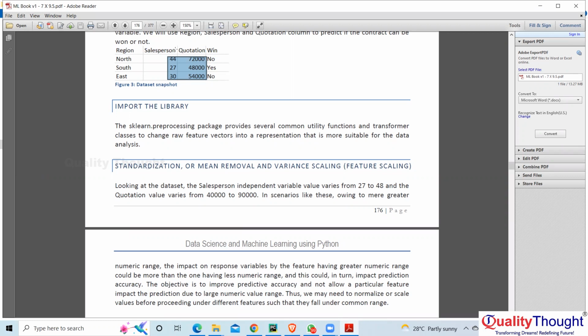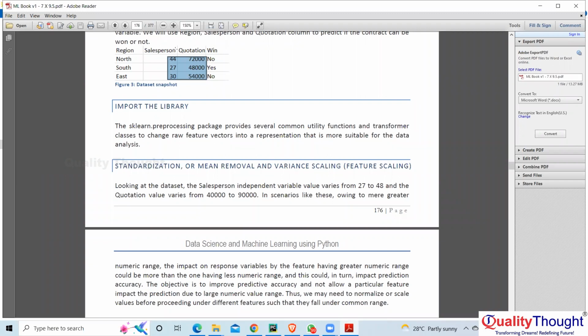Between columns there should not be any bias. But within the same column, we want to maintain that bias. If 30 is there and 60 is there, 30 is half of 60, and that has to be preserved. That's why we are performing this.